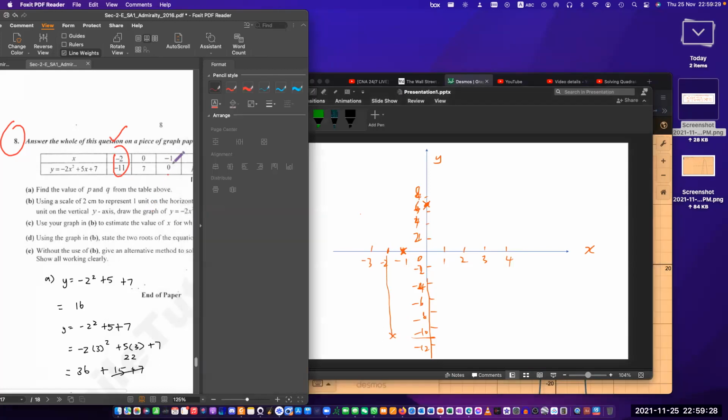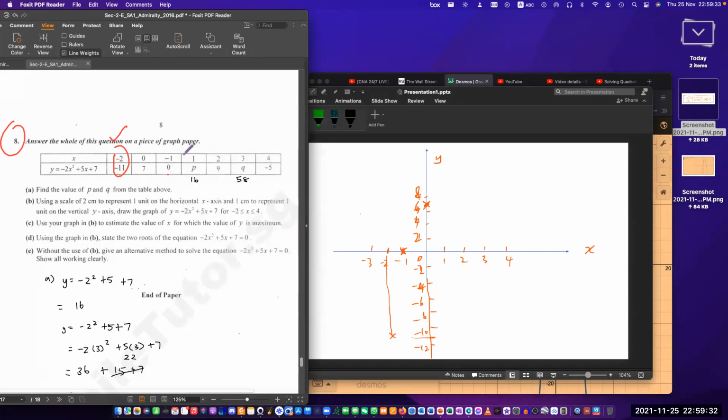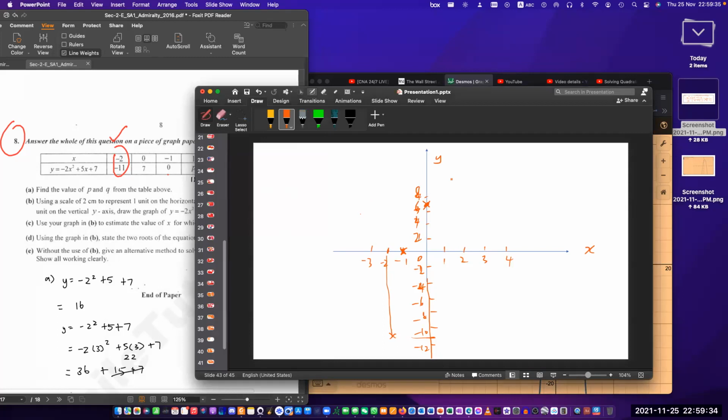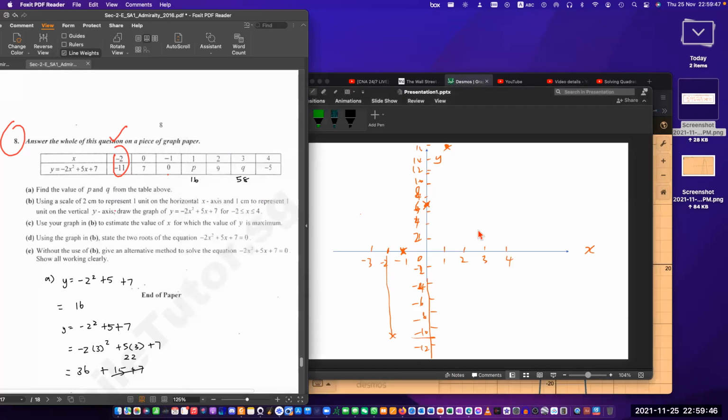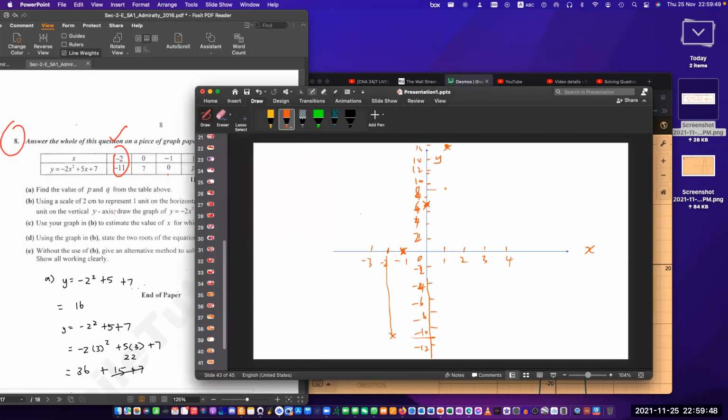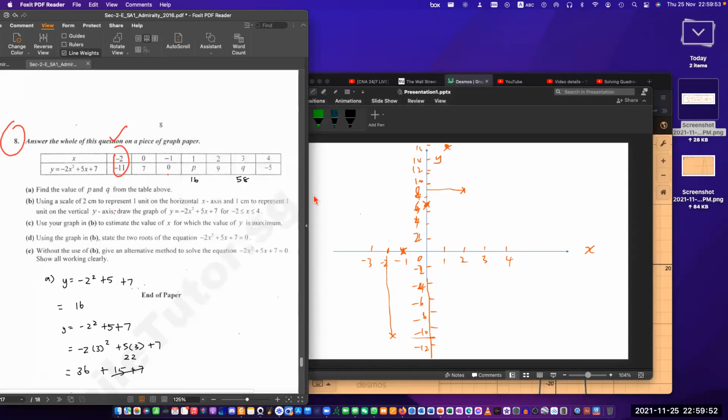Okay. So then this is 1 and 16. This is 10. This is 12. This is 14. This is 16. So 1 and 16 is above here. 2 and 9. 2 and 9 is here. Then 3 and 58.